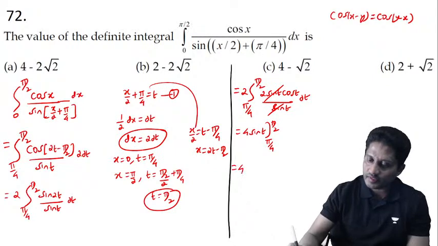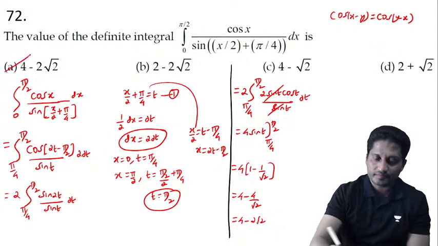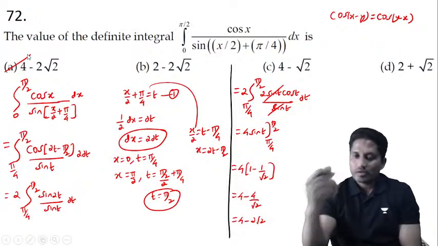This is equal to 4 times upper limit sin 90 minus sin 45, 1 by root 2. If you open the bracket, you get 4 minus 4 by root 2. So this is equal to 4 minus 2 root 2. Okay, that's the first option. Right, let's move to the next question.